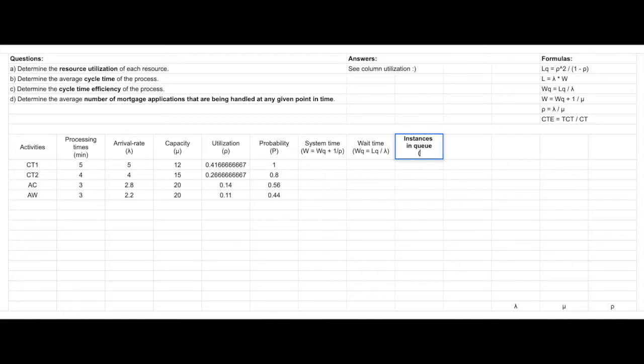And to calculate LQ, we learned the formula LQ equals resource utilization squared divided by 1 minus resource utilization.